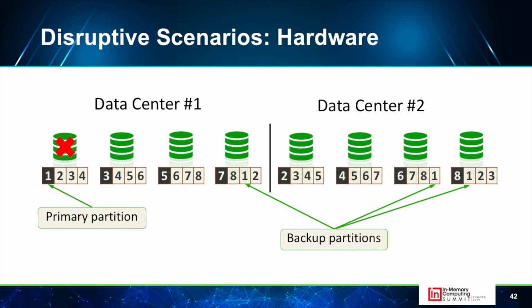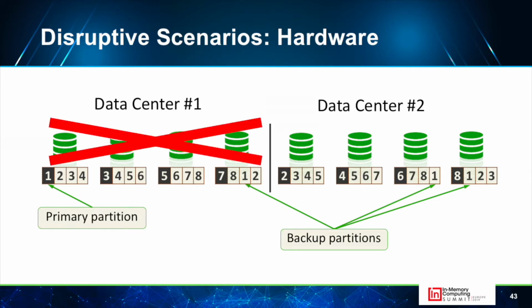And this means if the server fails, it will not be a big problem for us, since we have 3 copies of 4. And even if the whole data center fails, it's not a big problem for us either, since in each data center we have 2 copies of 4.